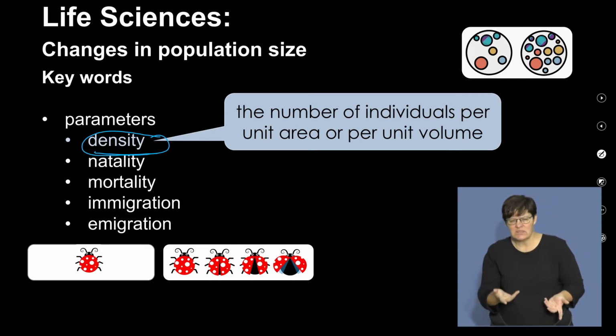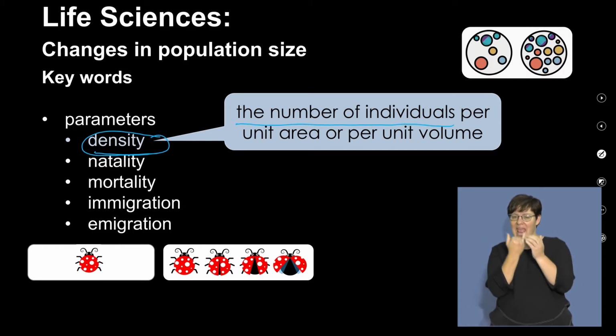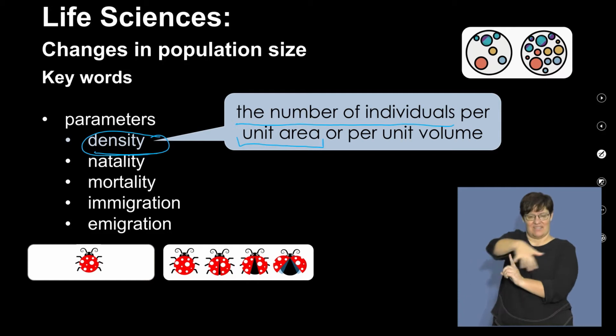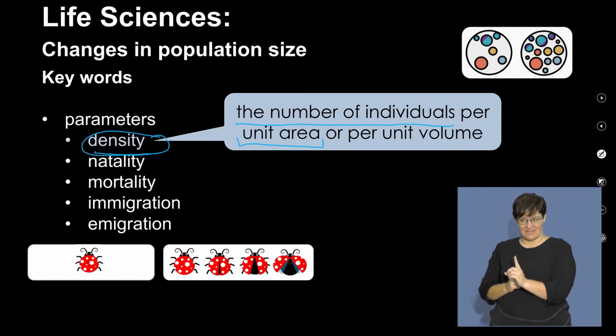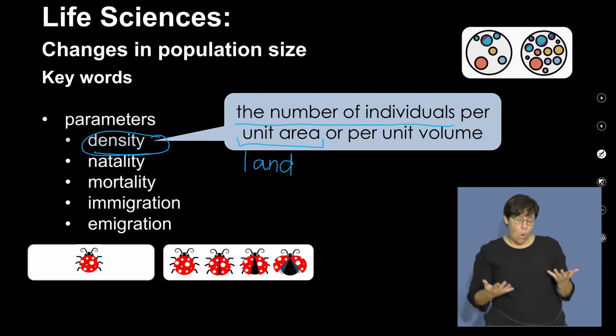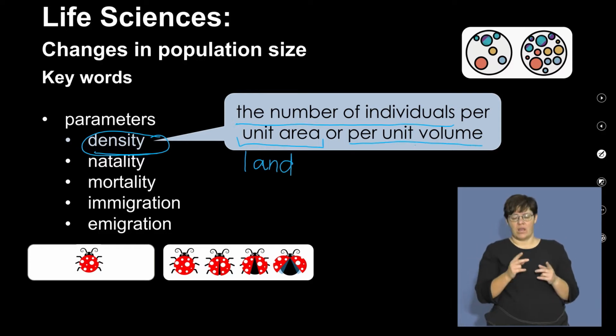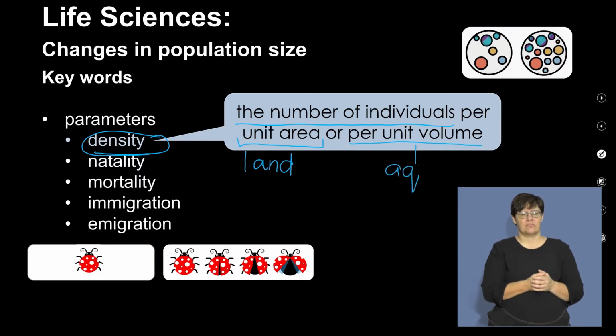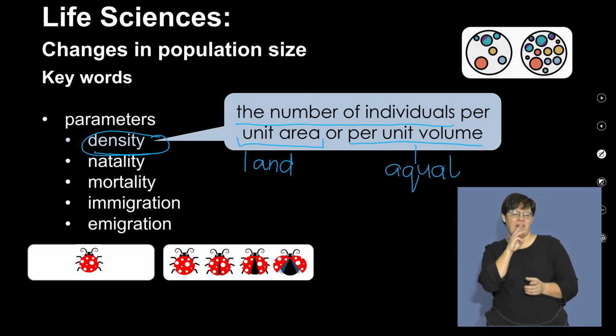Here we're referring to the number of individuals in a particular area, if we're talking about a population that is on land, or per unit volume, if we're talking about a population that's living in an aquatic environment or ecosystem.